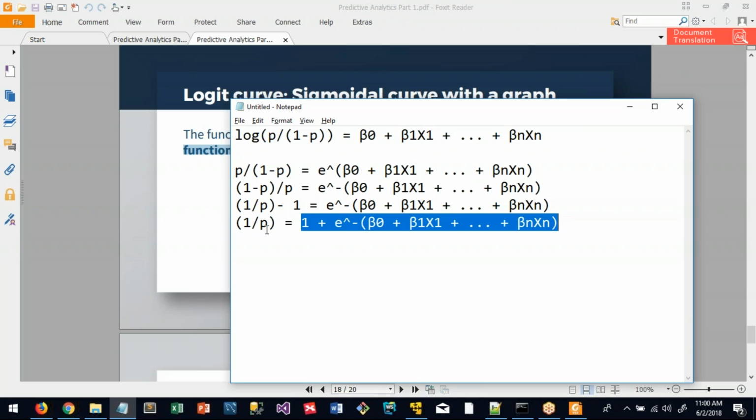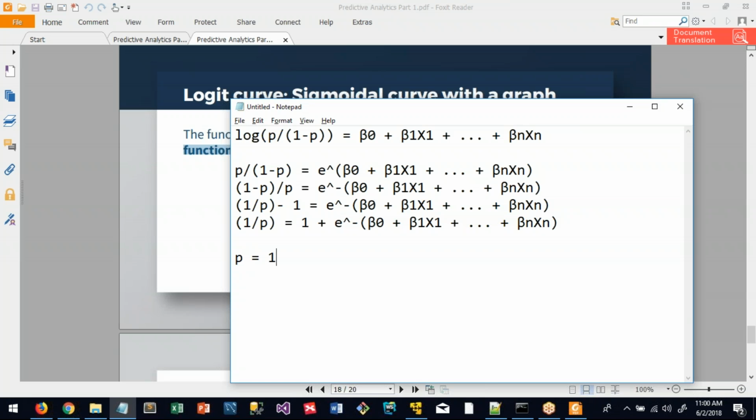This is what we have. Now, just again reverse the numerator and the denominator here. Again, just reverse the numerator and the denominator. So when I exchange it, on the left hand side it becomes just p, and on the right hand side it becomes 1 divided by this number.